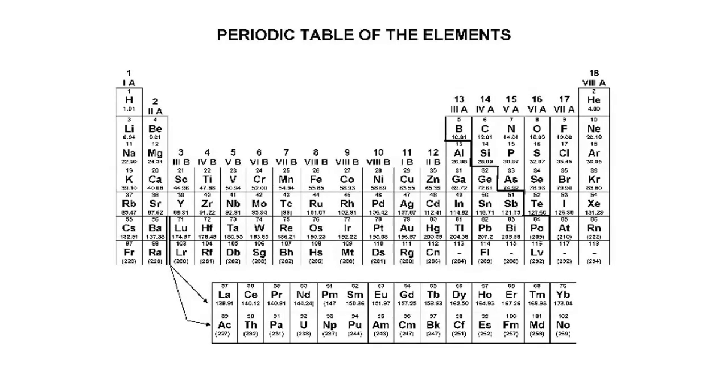So in order to name compounds, ionic compounds or covalent compounds, we need to know a little bit about this periodic table. Now the first thing you need to know about the periodic table is if you look right here, you notice there's this extra bold line in the shape of a staircase that separates the right third of the elements from the left 2/3 of all of the elements on the table.